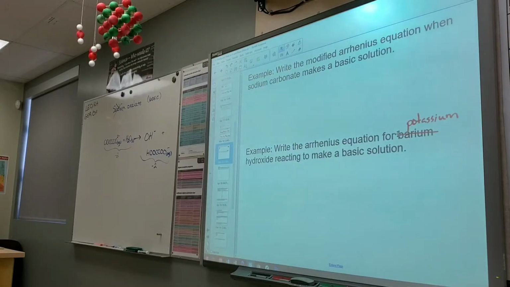Strong or weak base? Strong bases are always something hydroxide. So the moment you see something hydroxide in the name, that's a strong base.